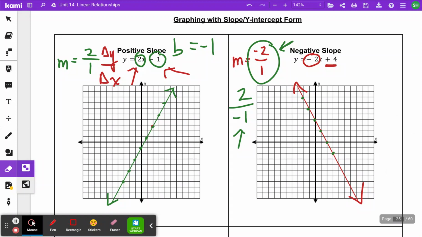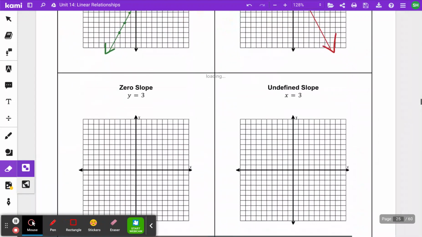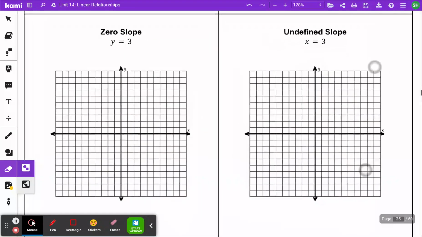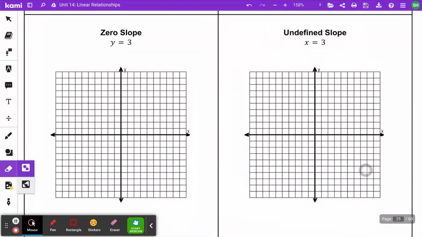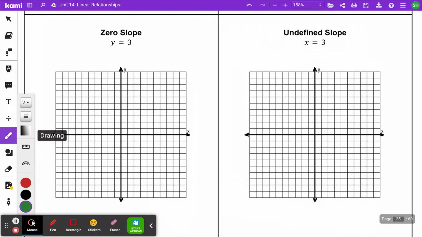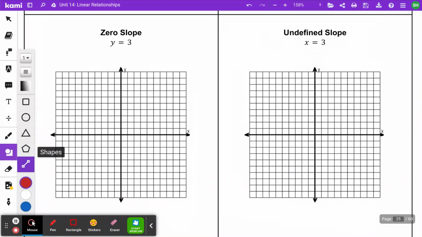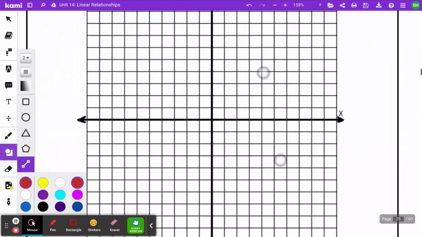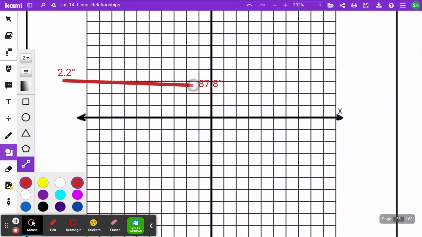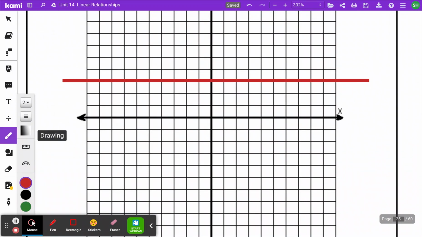From yesterday's notes, we already saw shortcuts on how to do these two types of lines. Something that has 0 slope or is a horizontal line, that ends up taking on the form of a function still, but it's when y is always 3. And that is all of the spots that are 3 above the x-axis at a height of 3.